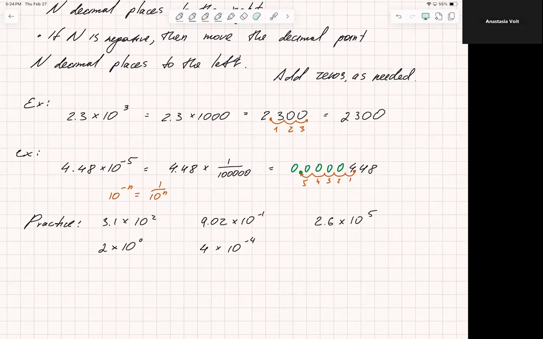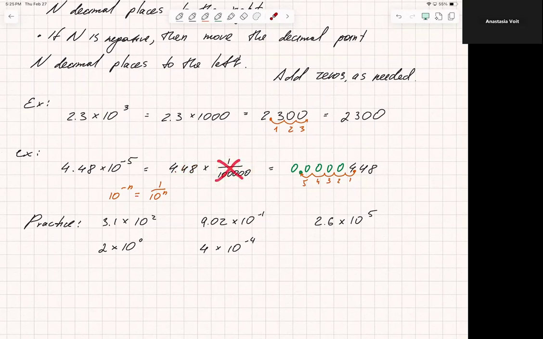Here we have 5, so 5 zeros: 1, 2, 3, 4, 5 zeros. So it's 1 over 100,000, and we have 4.48 times this 1 over 100,000.